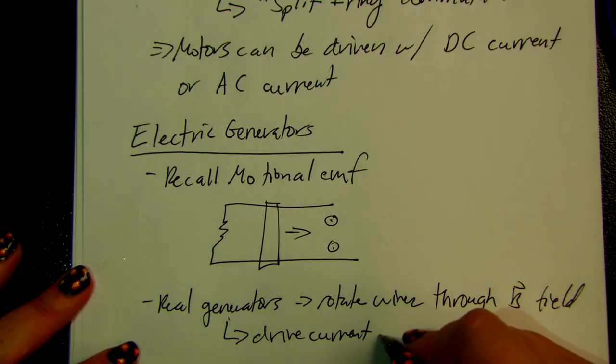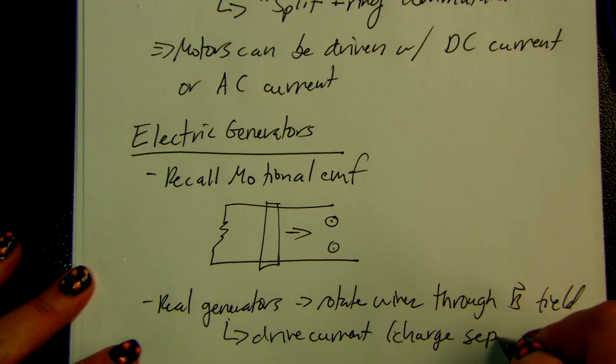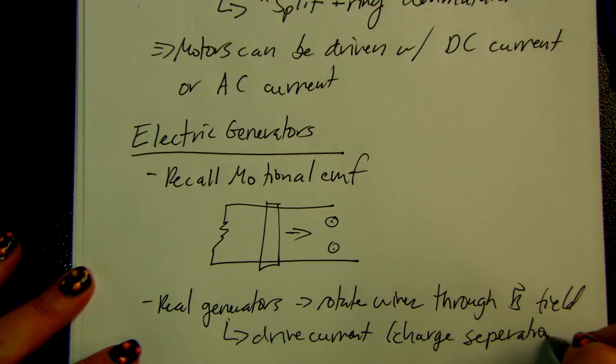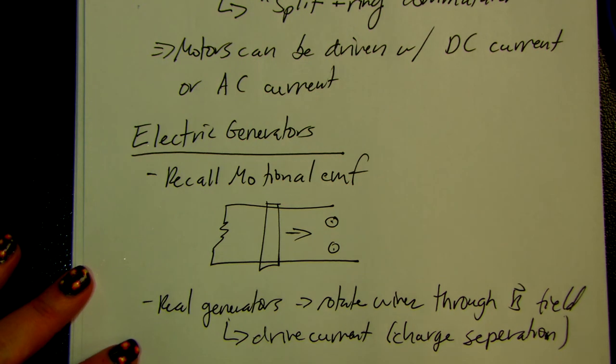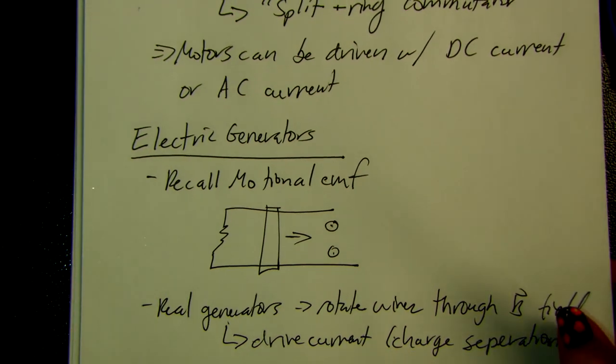That will still maintain the charge separation we talked about with motional EMF, but you don't have the problem of having enormous rails through that thought experiment we talked about before.